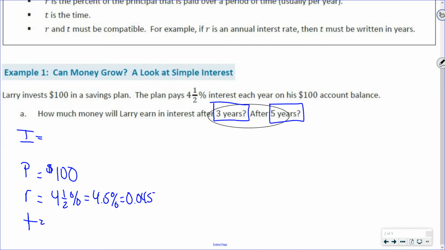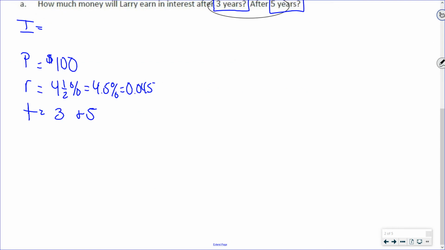All right, and then T, what is our T? Well, how much money will Larry earn in interest after 3 years and 5 years? So I'm solving for 2 separate problems here. So let's extend this page a little bit. Okay, so I know what my formula is. I equals P times R times T. We don't know I, so I equals, we know our principal is 100, our rate is 0.045, and our time is going to be 3 years.